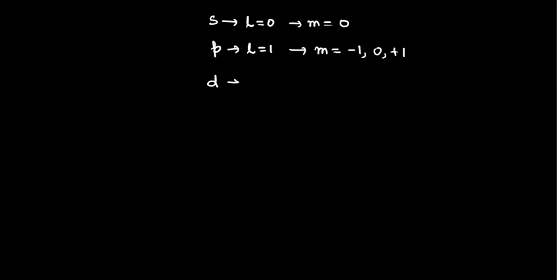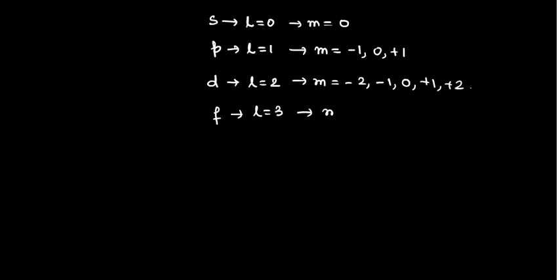For the D subshell, l is equal to 2, so the possible values of m are minus 2, minus 1, 0, plus 1, plus 2. For the F subshell, the value of l is 3, so the possible values of m are minus 3, minus 2, minus 1, 0, plus 1, plus 2, plus 3.